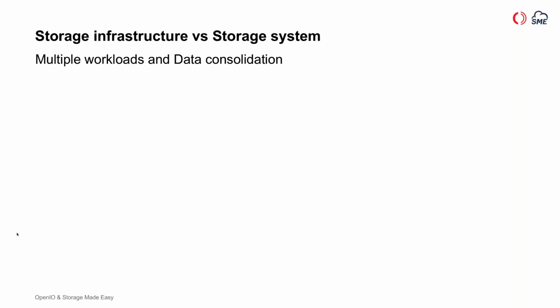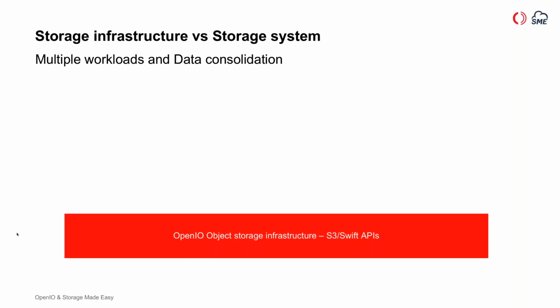So the difference between object storage and NAS or block devices is also around the fact that usually object storage systems are multi-tenant, so they can do a lot of things. In fact, we used to call them object storage infrastructures and not object storage systems, which gives less the idea of what you can do.